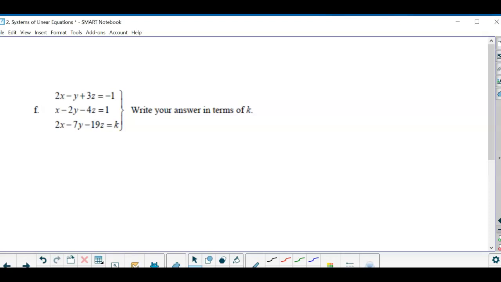Can't put K into your calculator. And then think about what values of K would give you certain solutions. When would you get one point solution? When would you get no solutions? When would you get infinitely many solutions? So, leaving that for you to do.